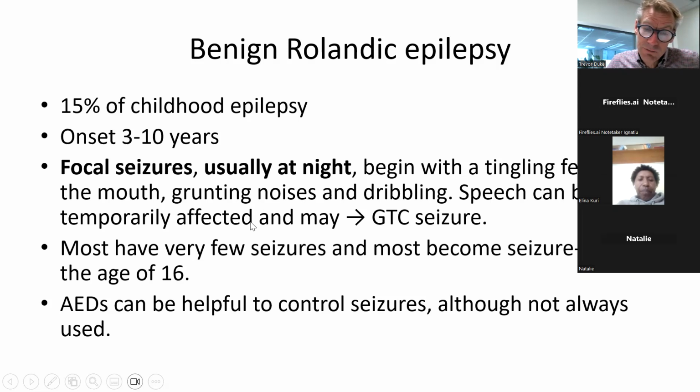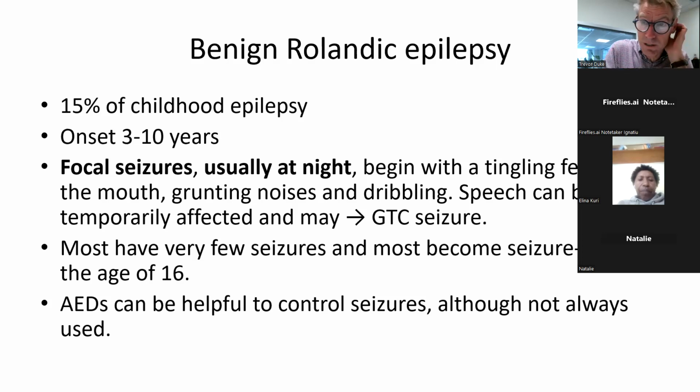Their speech can be affected, and it may develop into a generalized seizure. So this is seizures that are just happening in the early hours of the morning, and by the next day the child may feel a bit sleepy, but they generally within the day get back to their usual state, and they're playing and functioning normally.